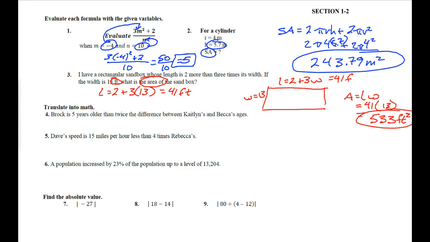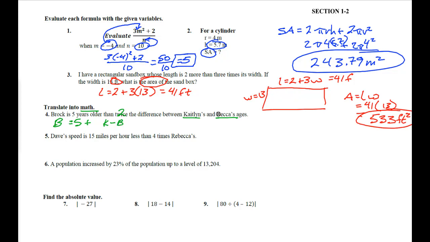Number 4. Now we're translating into math. I like that, translating from English into math. So Brock B is 5 years older, so that's 5 plus, then twice the difference. So 2 times. Now the difference, that's subtraction between these two, so we've got to have Caitlin minus Becca.